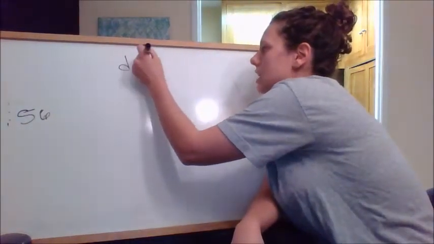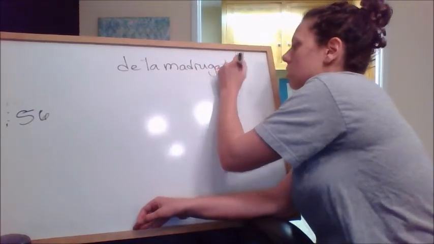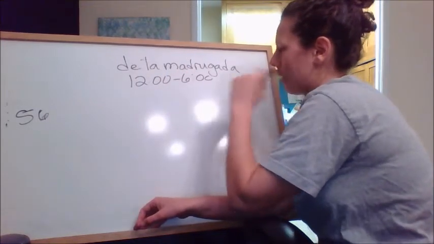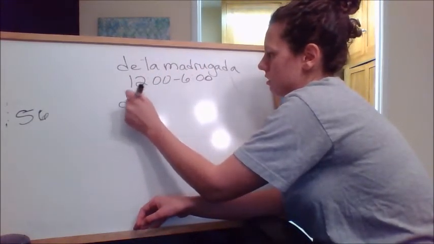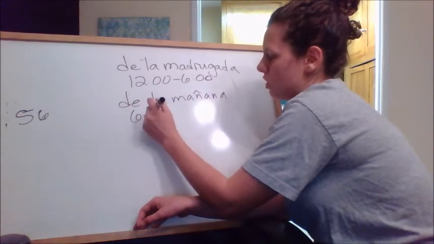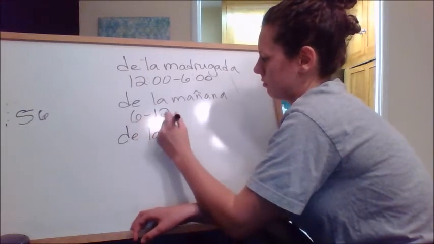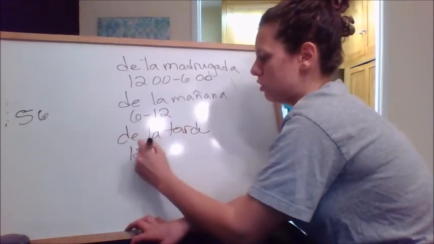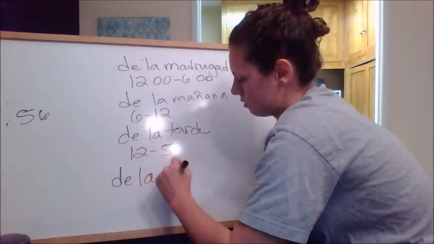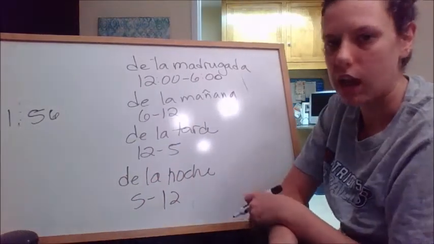So we have de la madrugada, which is like midnight to 6 a.m. Then we have de la mañana, which is like 6 to noon, and then noon to about 5 is de la tarde, and then de la noche is like 5 to midnight. That's about what we say.